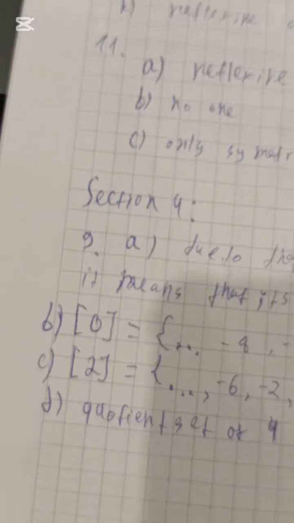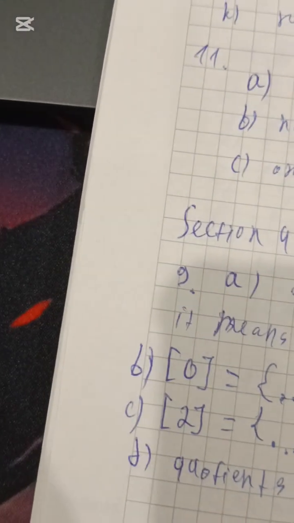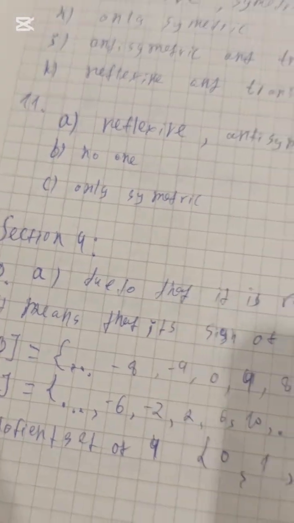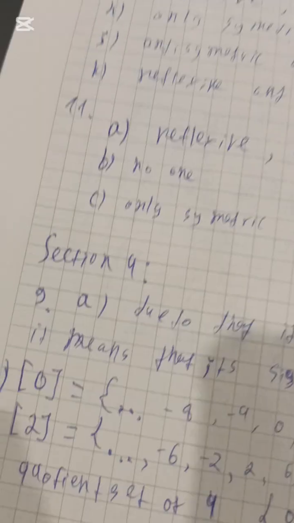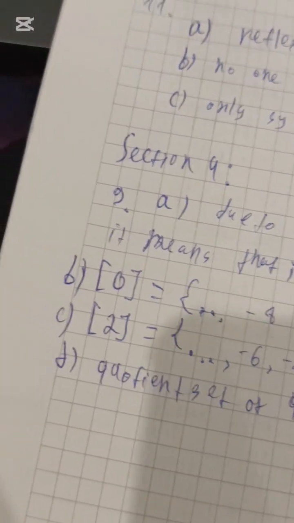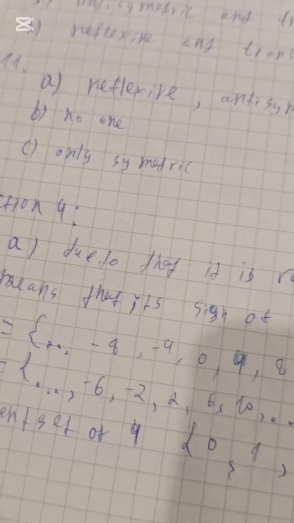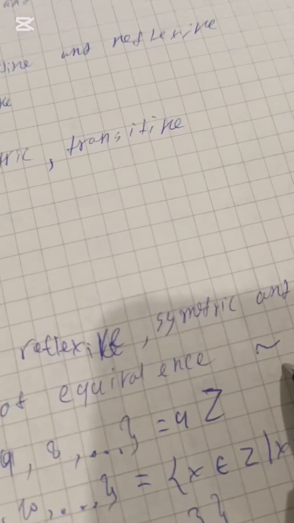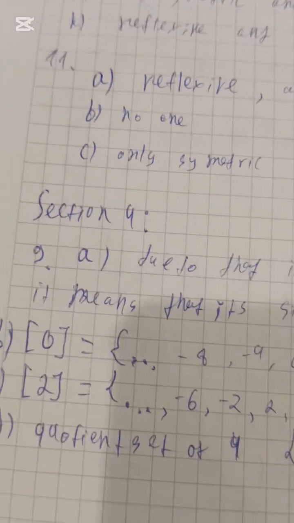Next section is number 4 and it starts with task 9a, and the answer is due to that it's reflexive, transitive, and symmetric. This sign means relation of equivalence.